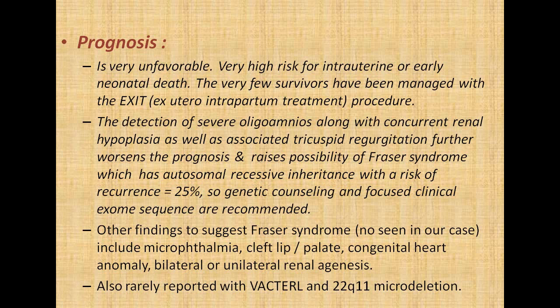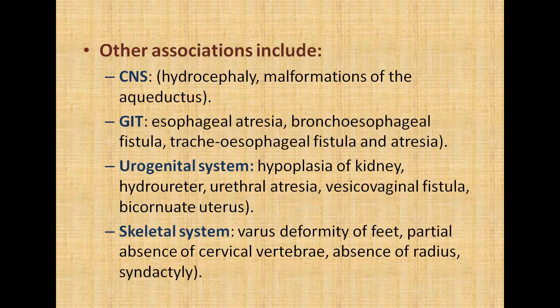Other findings to suggest Fraser syndrome, not seen in our case, include microphthalmia, cleft lip and palate, congenital heart anomaly, bilateral or unilateral renal agenesis. Also rarely reported were 22q11 microdeletion. Other associated conditions include CNS: hydrocephalus and malformation of the aqueducts.